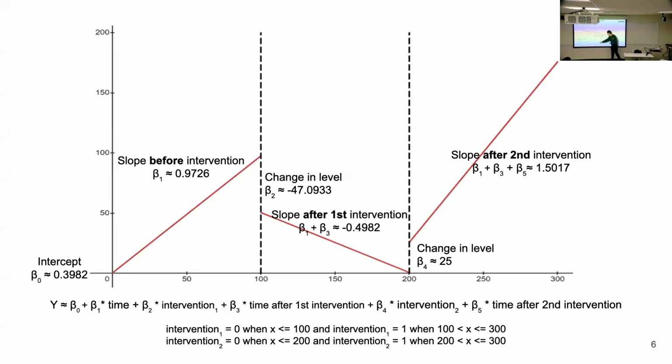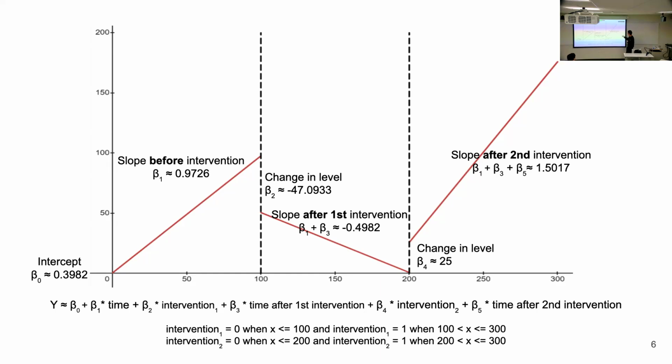So we'll introduce another variable, intervention 2, which is 0 before 200 and 1 after 200. And the time after second intervention, same as the time after first intervention, is 0 before 200 and starts counting after time 200.